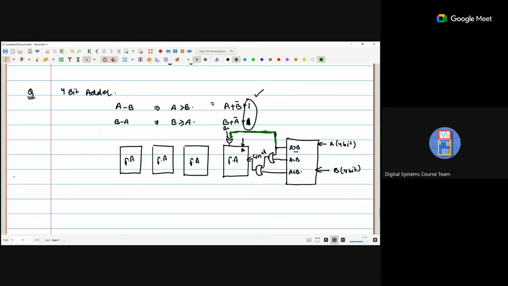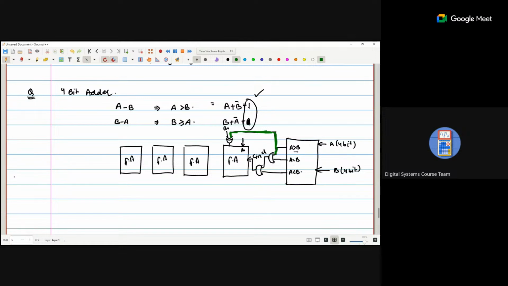Now recall the property of XOR gate. If any of the input is 1, we are getting a complement output. So if I apply B naught and any of the input is 1, we are getting B naught bar.